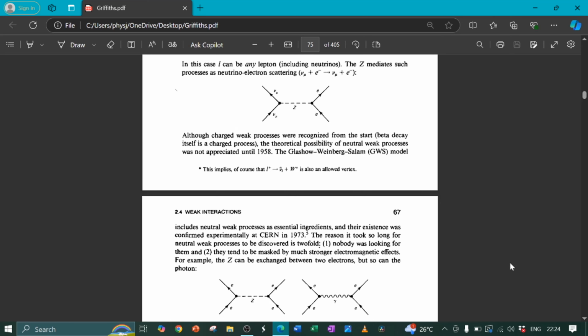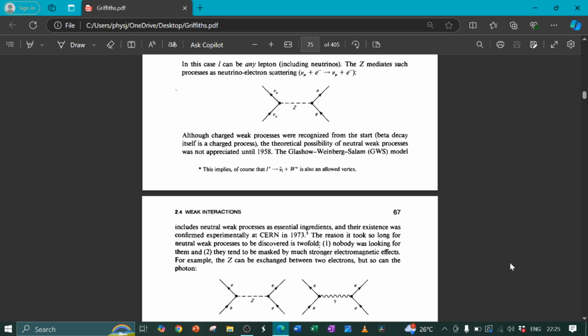Although charged weak processes were recognized from the start, beta decay itself is a charged process, the theoretical possibility of neutral weak processes was not appreciated until 1958. The Glashow-Weinberg-Salam GWS model includes neutral weak processes as essential ingredients, and their existence was confirmed experimentally at CERN in 1973.